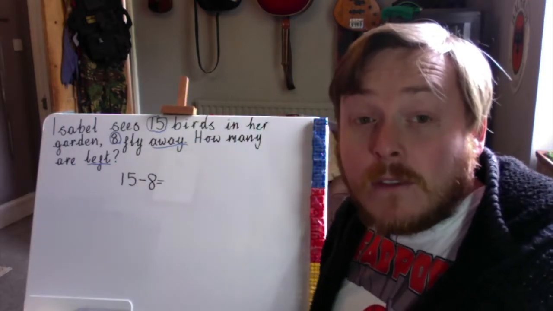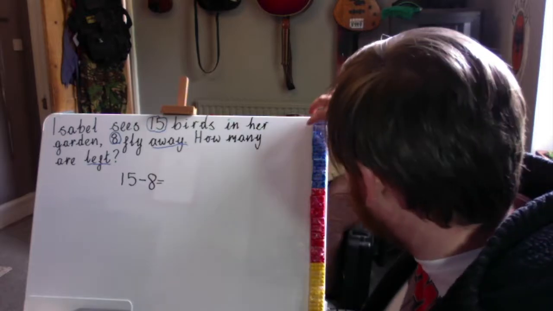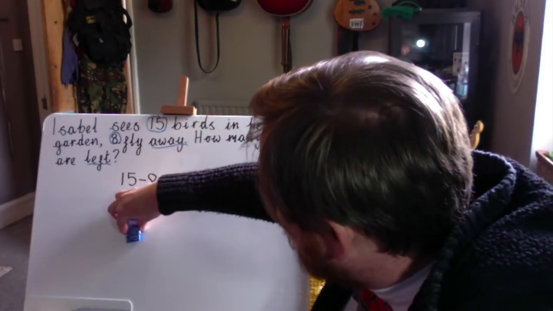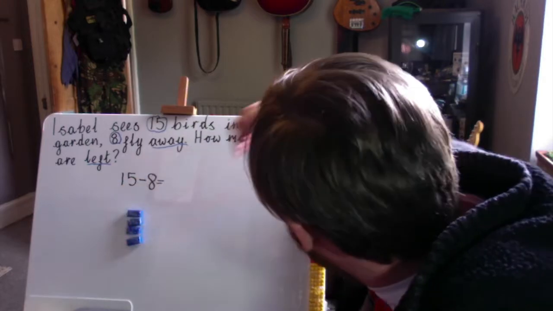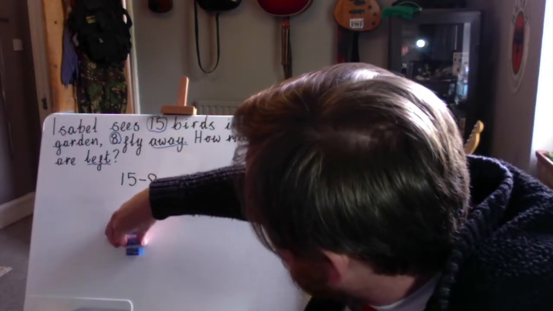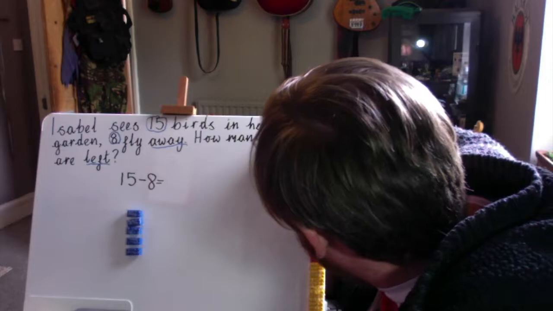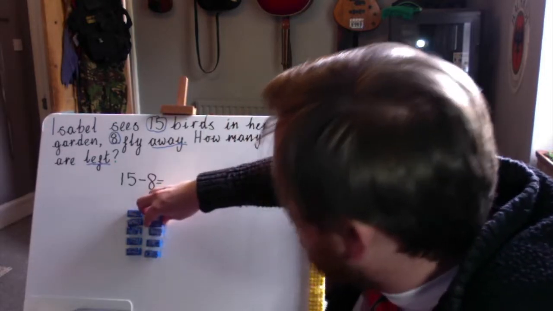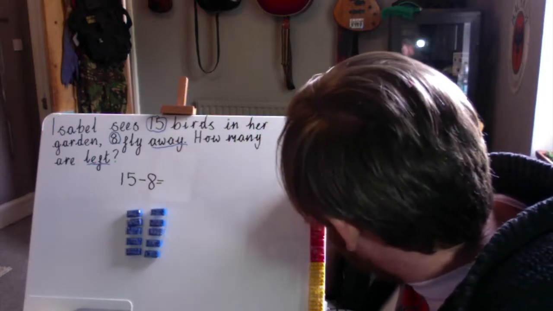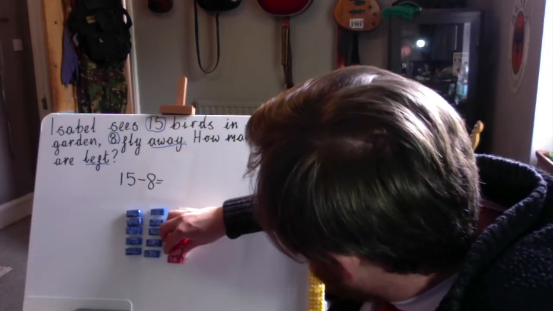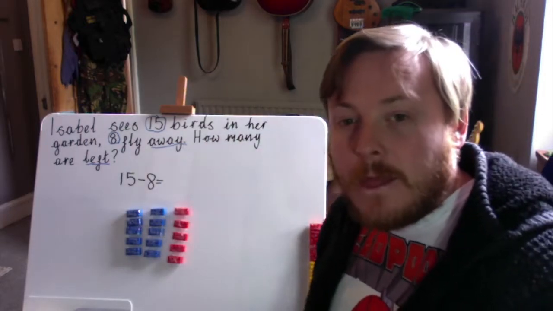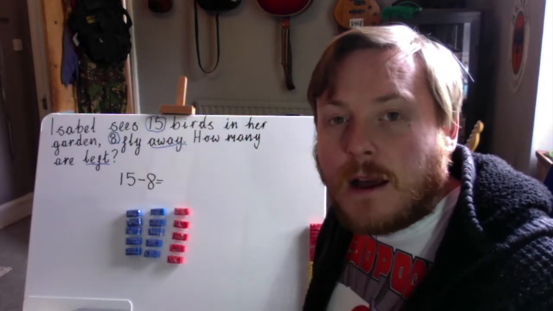Okay, now I'm going to get my objects and I'm going to work it out. 1, 2, 3, 4, 5, 6, 7, 8, 9, 10, 11, 12, 13, 14, 15. There we are. I've got 15 of my blocks.